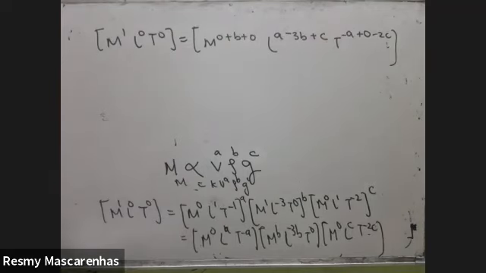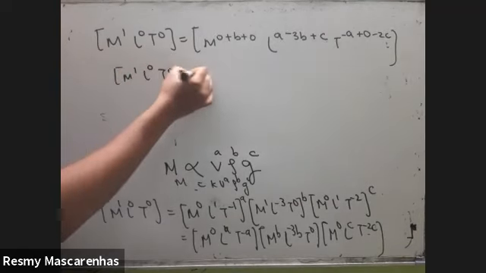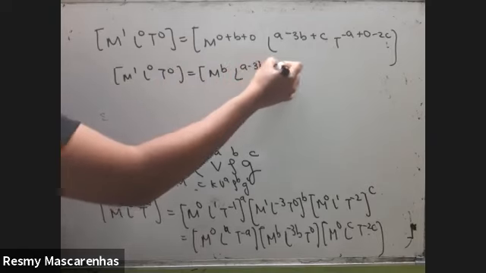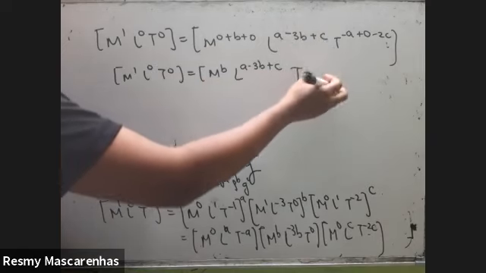Okay, and then equate the powers. And write the relationship, and you will see that v has a power 6.